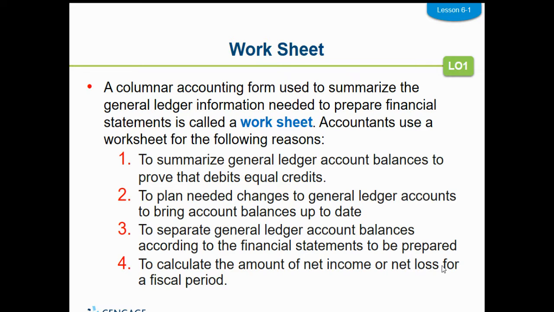If they aren't equal, you have to go back and find where your errors are. Then it helps you plan changes to those general ledger accounts, which we'll talk about in the next lesson. Then you separate them out into financial statements, which we'll cover in a following lesson. And then you determine whether you had a net income or a net loss.